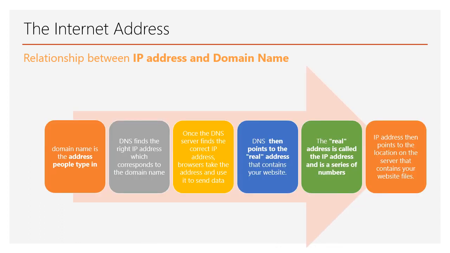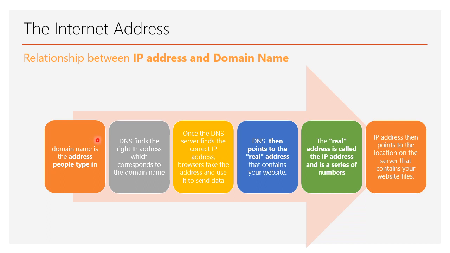So this is actually the basic step: what happens after the user types in the address, and how, step by step, the DNS points to the intended website requested by the user.